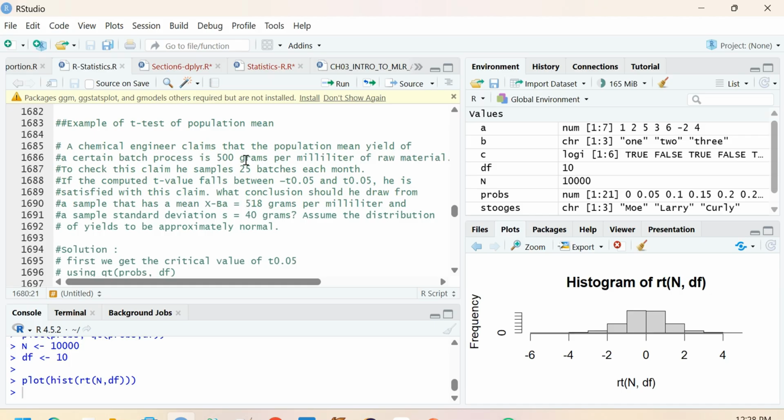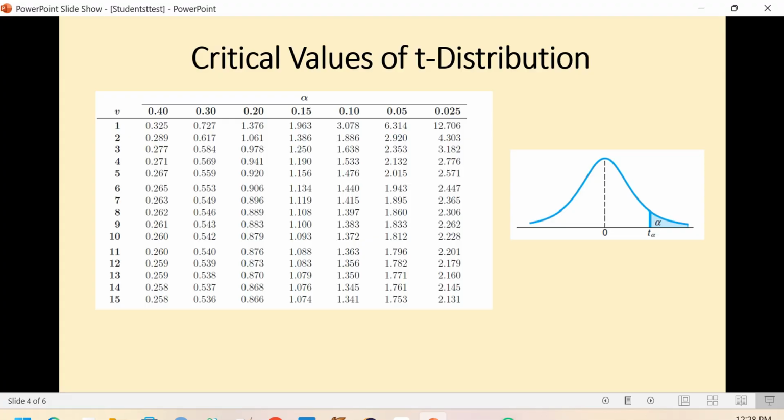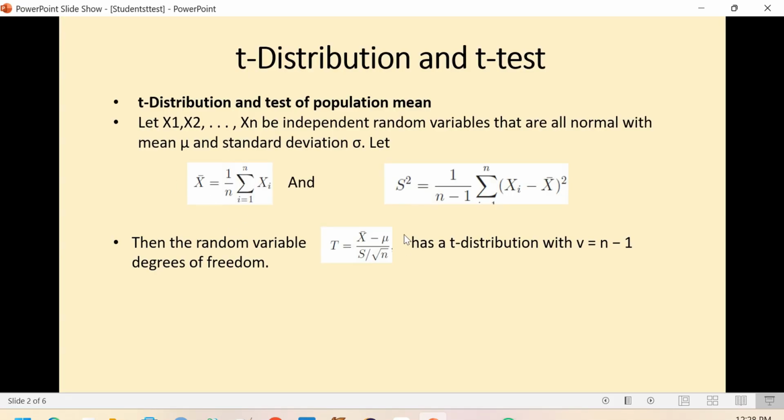And if we look at these tests, so this is a sample statistic, and this is the population mean we want to test against, and we assume this is correct in the null hypothesis.